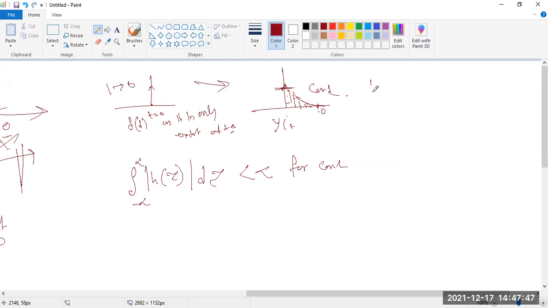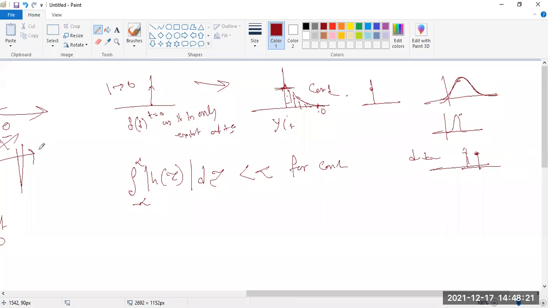If it is discontinuous, the output will just come over here, nothing else.